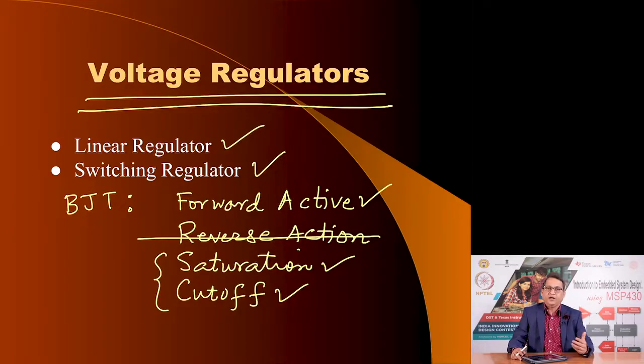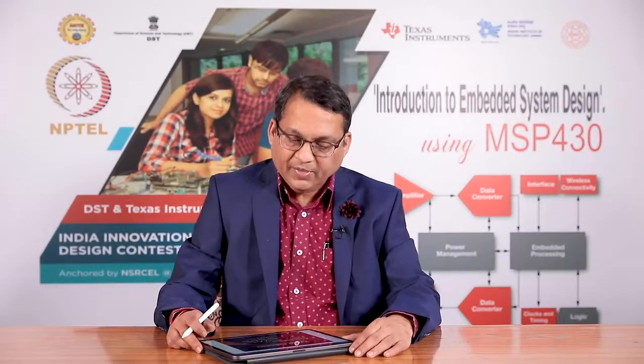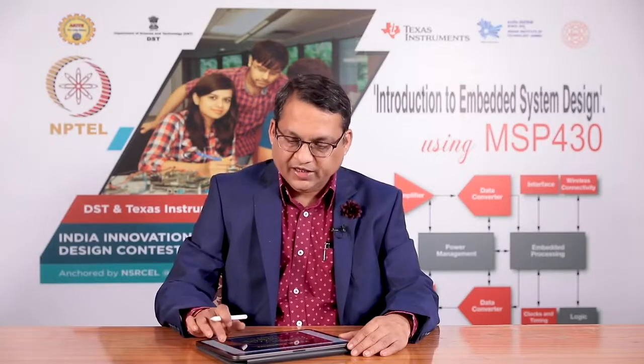And when you build a power supply regulator using the transistor operating primarily in the saturation and cutoff region, such regulators are termed switching regulators. Each one has an advantage over the other, and we will consider the advantages and disadvantages of both these types of regulators.